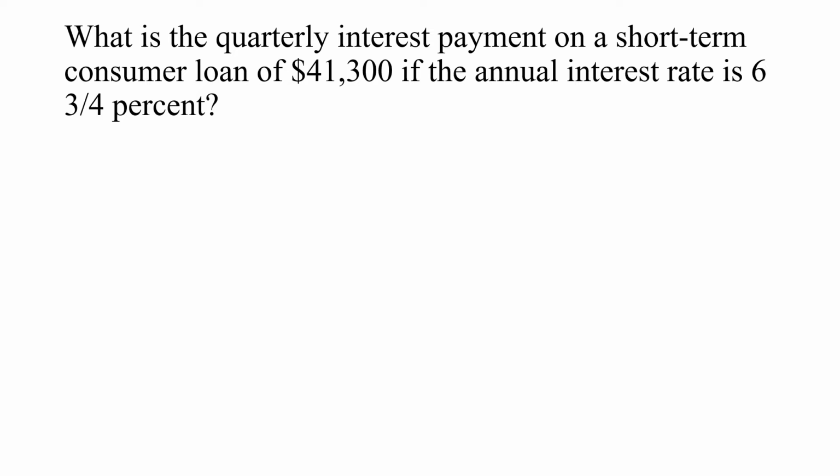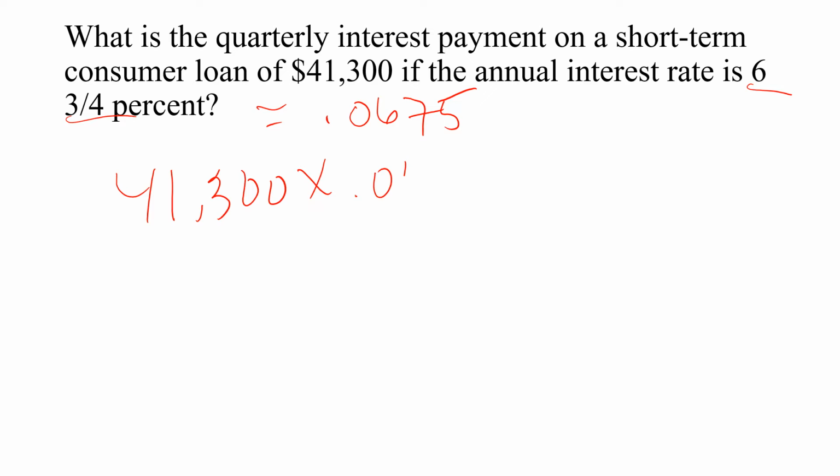What is the quarterly interest payment on a short-term consumer loan of $41,300 if the annual interest rate is 6.75%? 6.75% equals 0.0675. So 41,300 times 0.0675 equals 2,787.75.